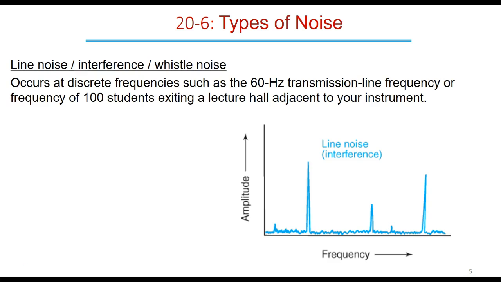For example, Harris talks about how you can actually see the frequency of 100 students exiting a lecture hall. Now remember, some of the instruments that we're working with, like a high frequency, high field strength NMR, could actually pick up this type of noise, which is why they're designed the way they are and buffered in what looks like some kind of weird pod-like housing.